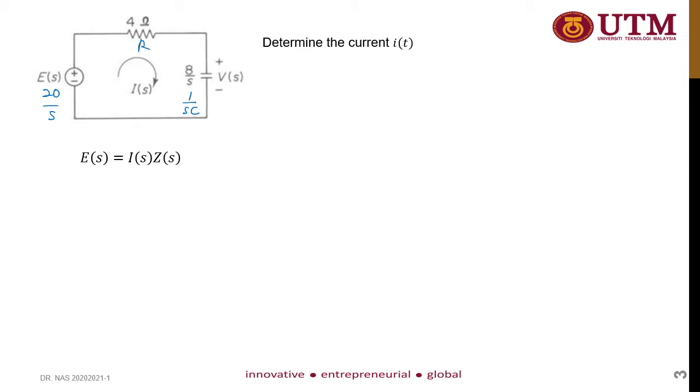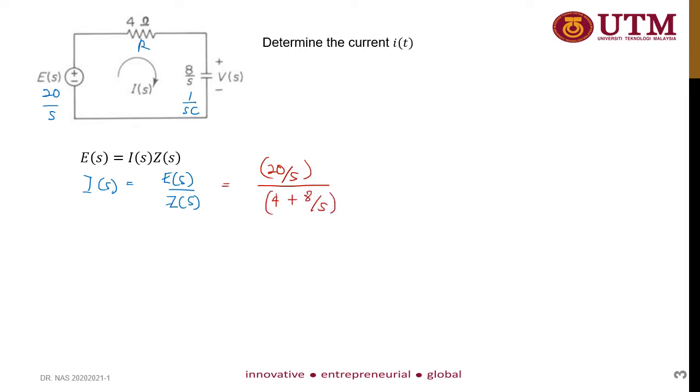Therefore, your I(s) equal to E(s) divided by Z(s). So what is your E(s)? E(s) equal to 20 over s divided by your Z(s), which is the R in series with the capacitor in S domain, so it is 4 plus 8 over s.